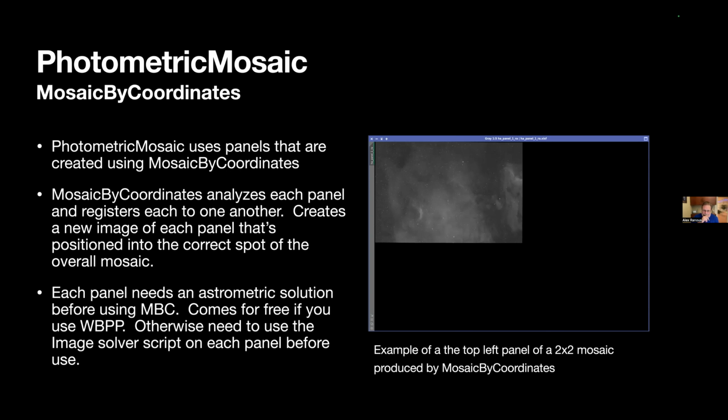There's a tick box on calibration to say I want a solution, and all the masters it produces have been solved, and all the information that Mosaic by Coordinates needs is in the metadata for that file, so you don't have to do anything. Now, if you are old school and processing things by hand, you'll have to use the ImageSolver script on each of the panel masters to add an astrometric solution so that it knows where they all are relative to each other.